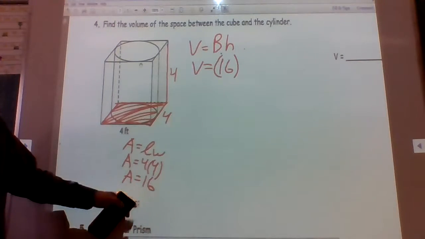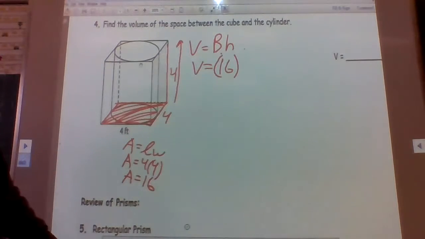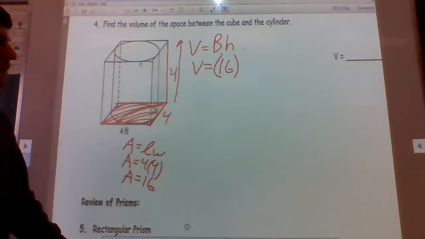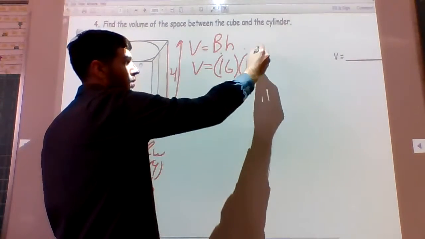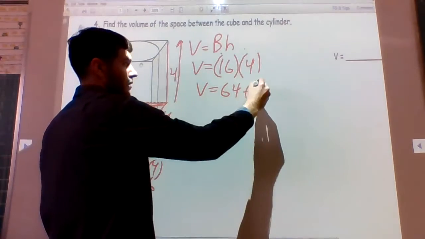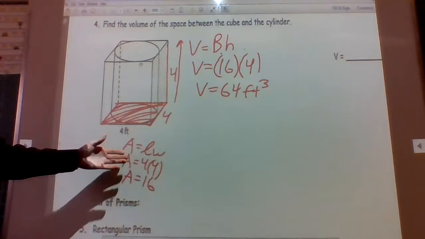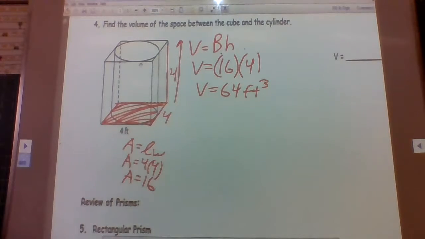So our base area is 16, and then our height here is 4 because it's a cube. So all the sides are 4. So 16 times 4 is going to give us 64 feet cubed.